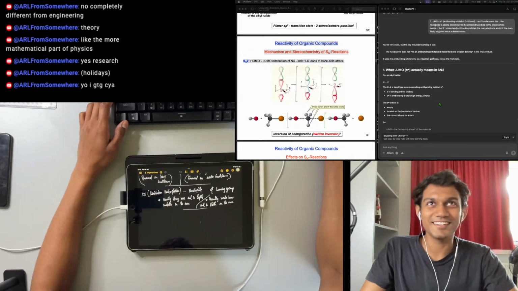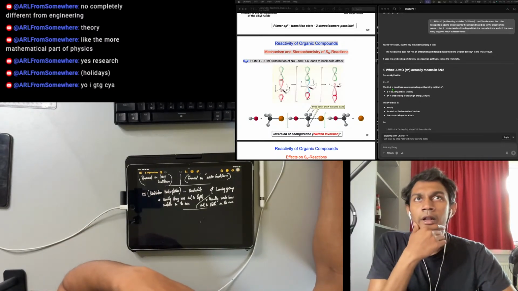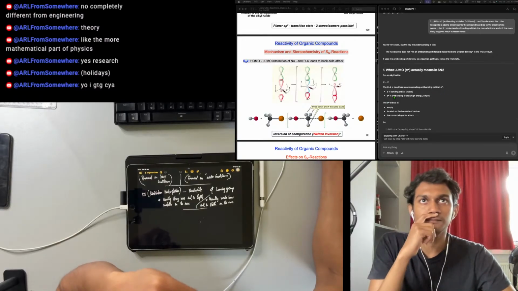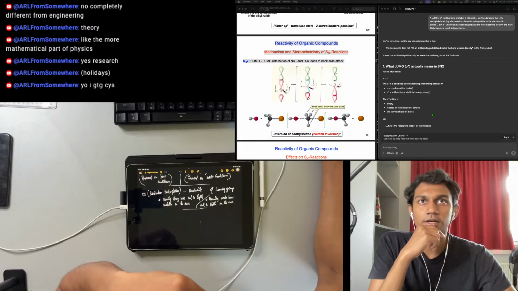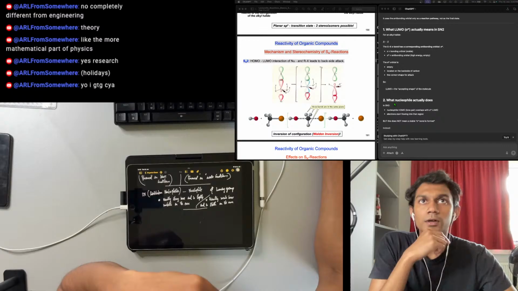What LUMO means in SN2 for an alkyl halide. Carbon-halogen bond. Sigma bond has corresponding sigma star. Sigma star is empty, located in the backside of the carbon, the correct shape for attack. LUMO, accepting shape of the molecule. What the nucleophile actually does: nucleophile overlaps with sigma star LUMO.